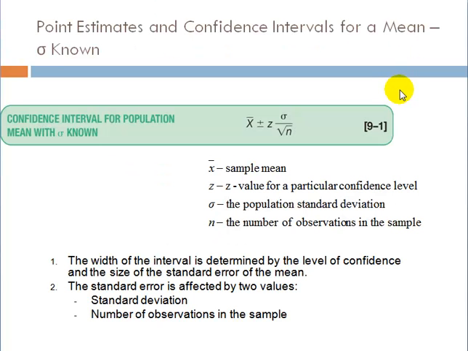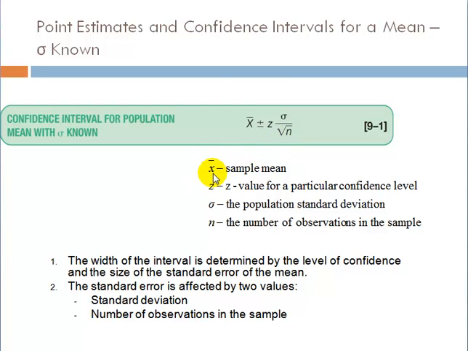Okay, the formula for the confidence interval for the population mean when sigma is known. If we plot out a range for the population mean with the population standard deviation known, we use this formula: x bar plus or minus z value times sigma over square root of n.